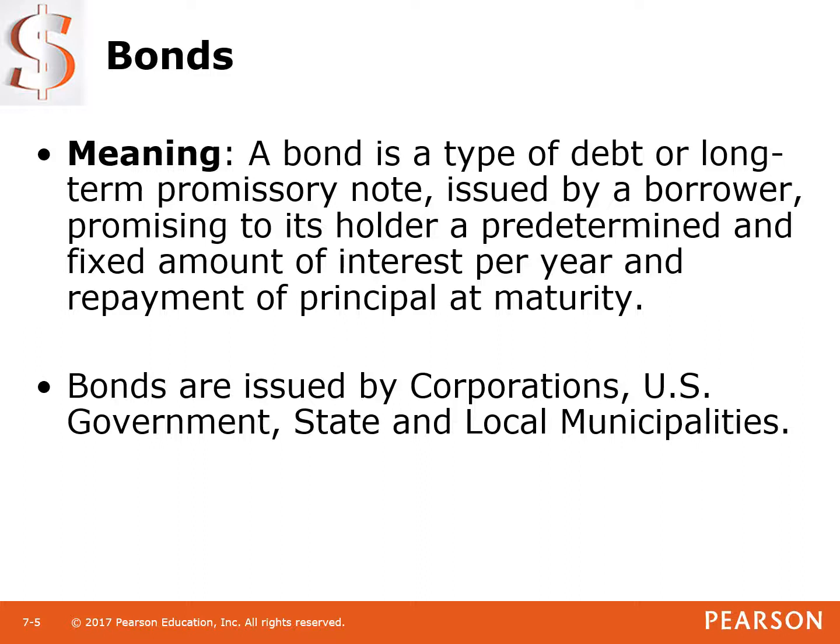But as a bondholder, at any time, you can sell your bond to someone else, and now they have the rights attached to that bond. So we have a bond market for those kinds of transactions. Again, bonds are usually issued by corporations, the U.S. government, state and local municipalities.